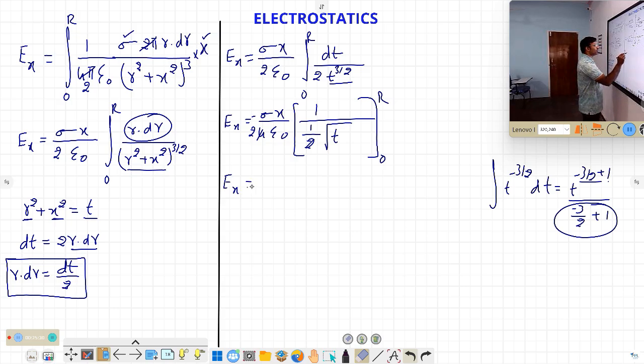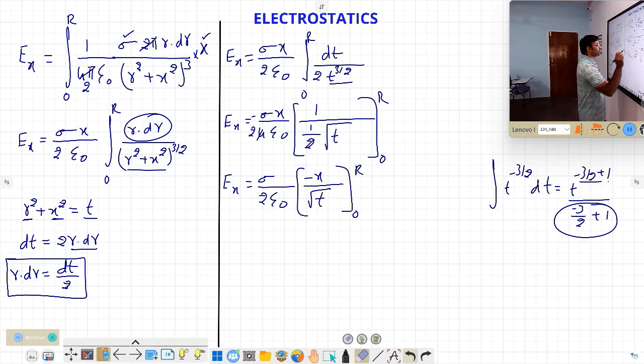So Ex is equal to minus sigma x by 2 epsilon naught. Since inside we have the x term, I can take x inside: minus x by root t, with limits 0 to r. Now what is t? We considered t as r square plus x square.